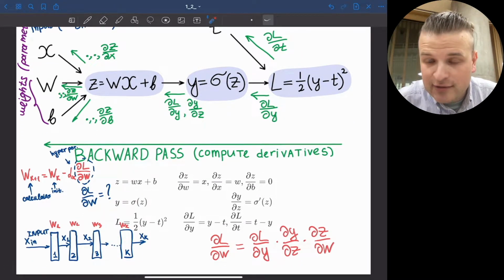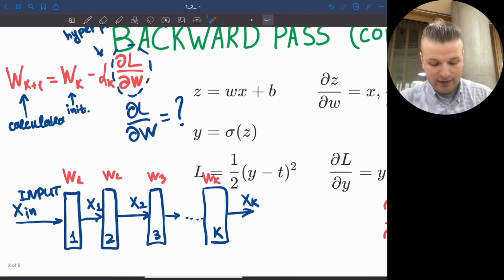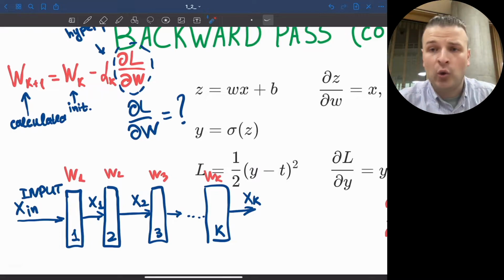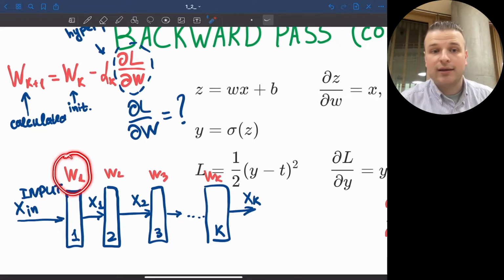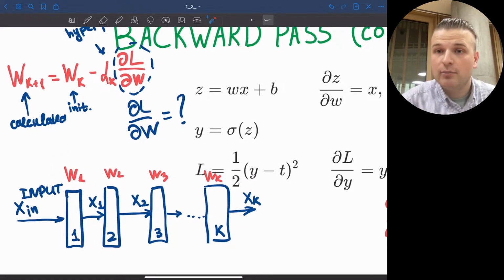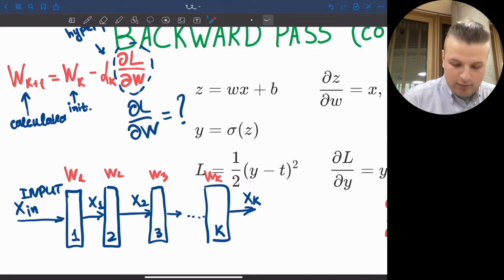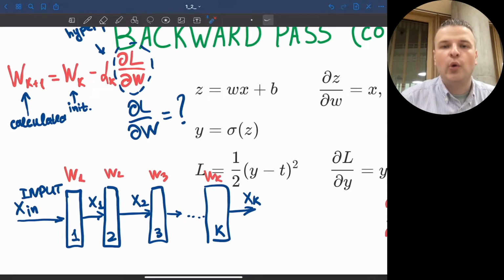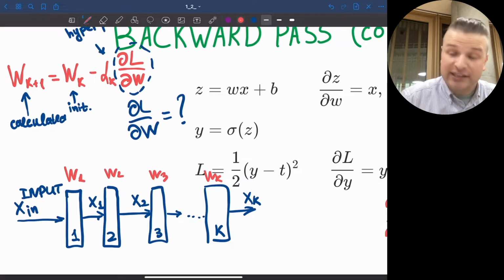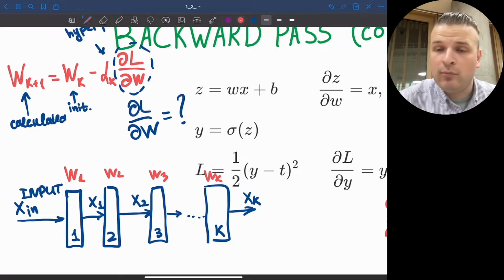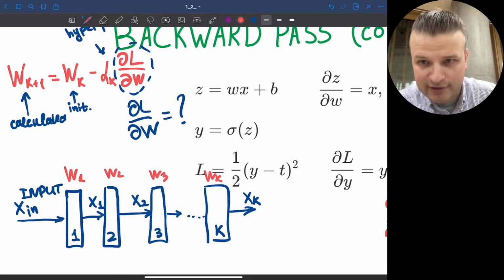What is interesting here is that, for example, when we have a real neural network with a very long sequence of layers, activations, and etc., when we are computing the gradient with respect to these parameters W1, we have already computed all the previous, in terms of backward pass, derivatives, like dl with respect to dw3, dwk, and etc.